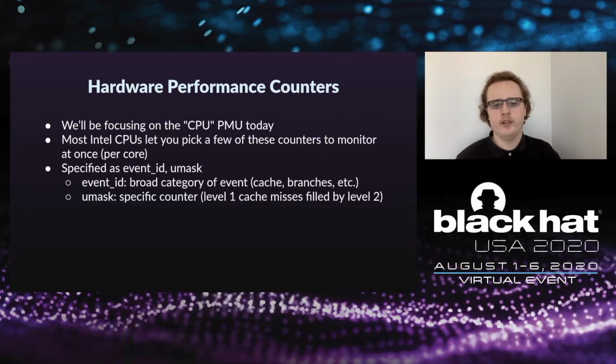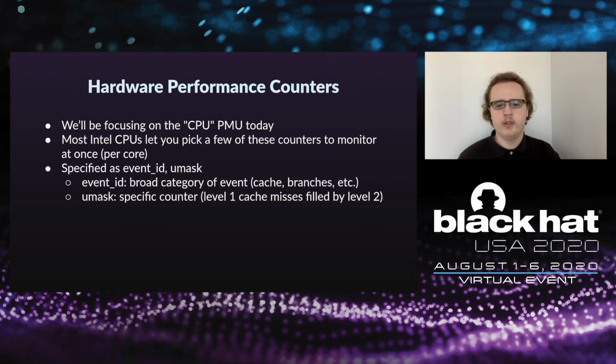Specifically, we'll be focusing on the CPU PMU today. That is the performance monitoring unit that lives on each core or each hyperthread in a modern CPU. Most modern Intel CPUs let you pick 4 or 5 counters to monitor at once, depending on the generation, if you're on a hyperthread, or 8 or 10 if you're on a non-hyperthreaded core.